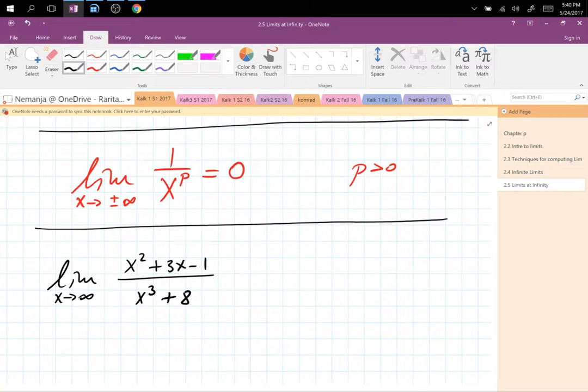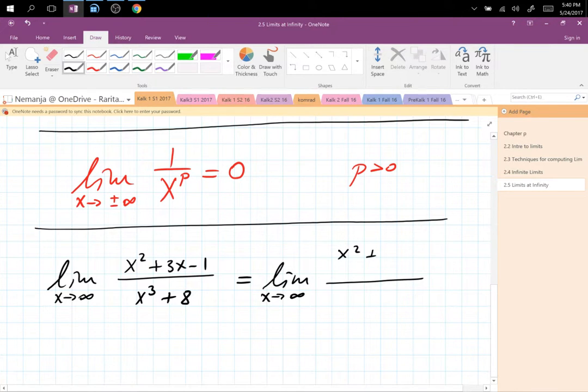What is the procedure? The procedure is to realize that there is the highest exponent somewhere, in this case cube, and we are going to divide each one of these terms by x cubed. So I still have my x squared plus 3x minus 1 divided by x cubed plus 8, but I'm going to divide each one by x cubed.